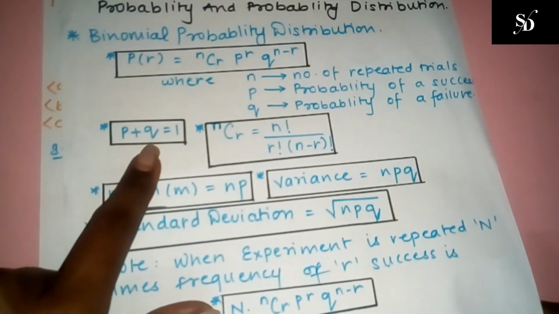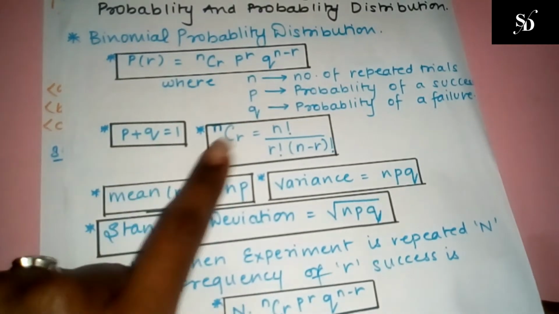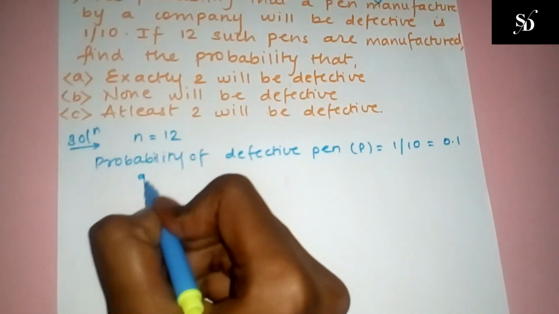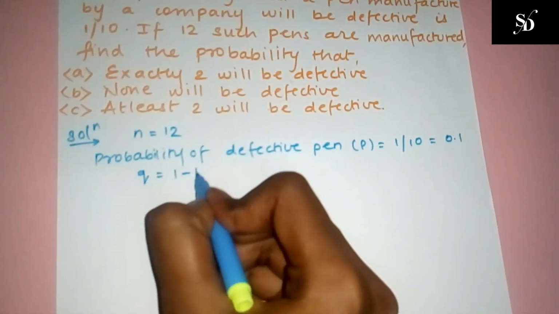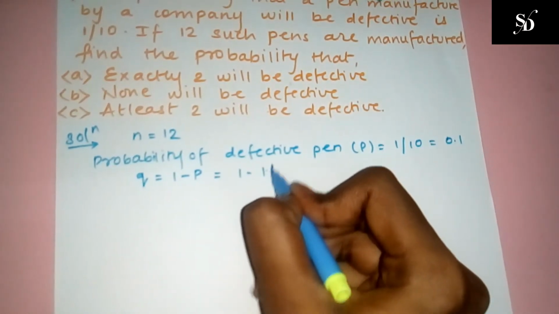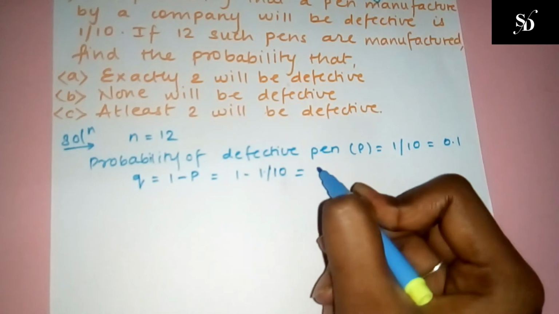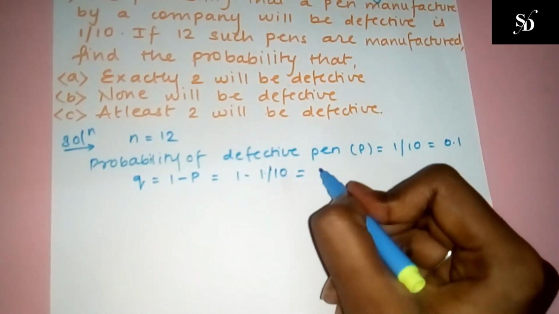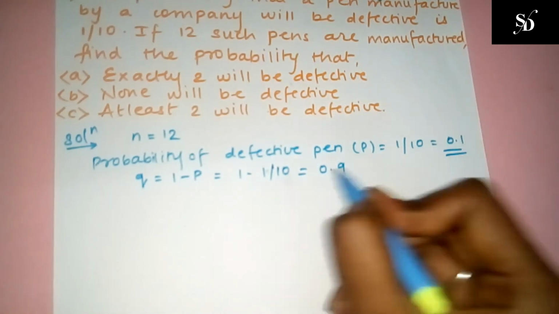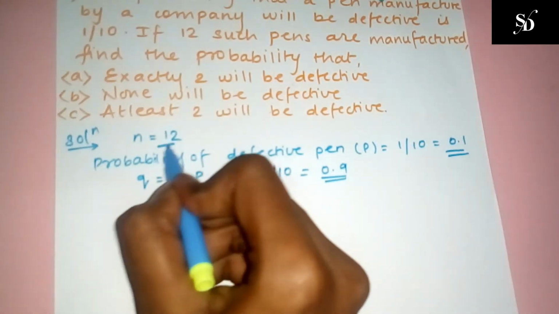So if we want to find Q, it will be 1 minus P is equal to Q. So Q is equal to 1 minus 1 by 10, that is 0.9. So now we have P, we have Q, also we have n.